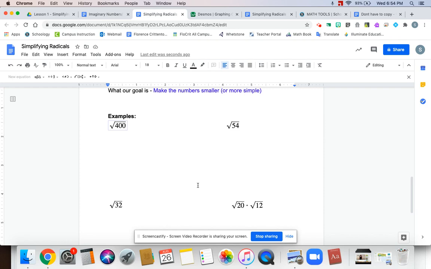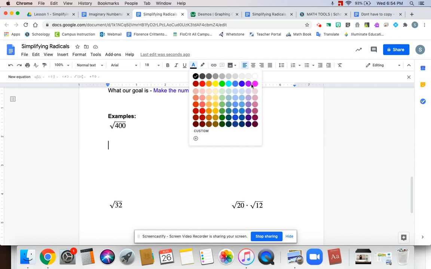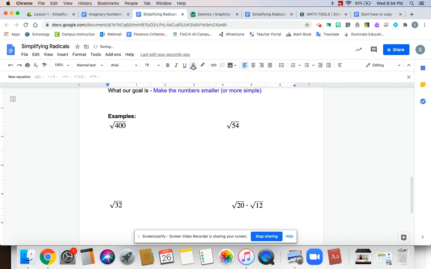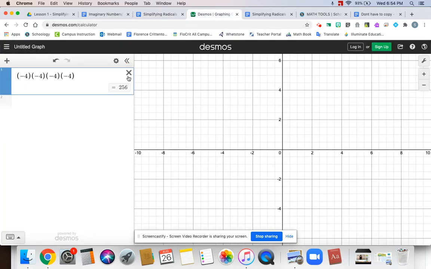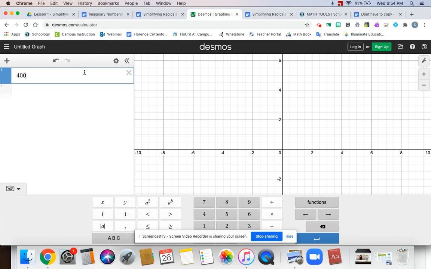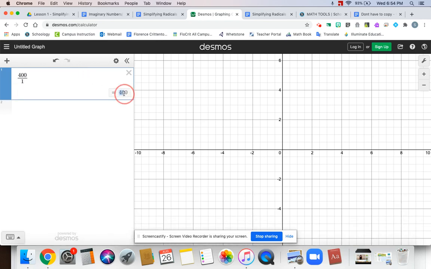So here's how I'm going to figure it out. I'm going to start breaking apart the number. So I'm going to keep it in a square root, but I'm going to divide 400 by something and try to split it into 2 numbers. So if I were to take 400 and divide it by 1, it's still 400.